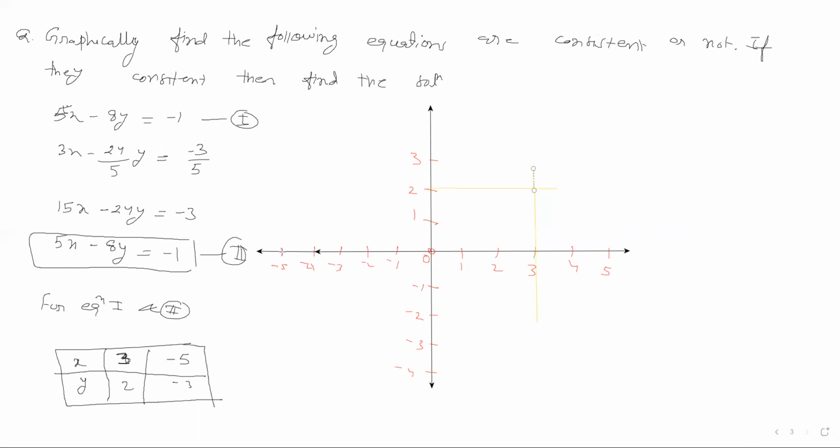Where is -5? This is the line for x equals -5, and this is the line for y equals -3. Now join these 2 points. So this is the line.